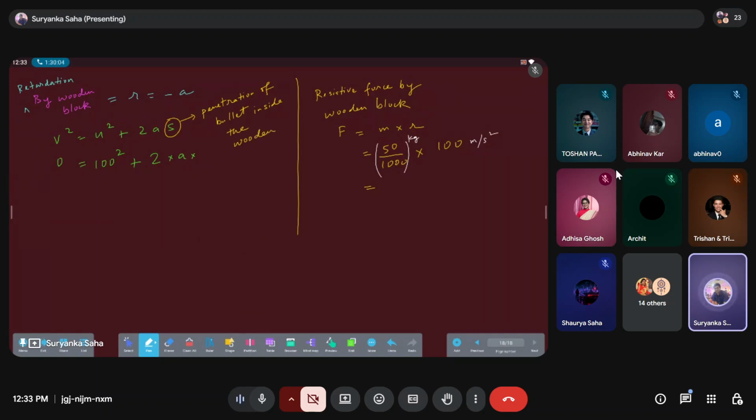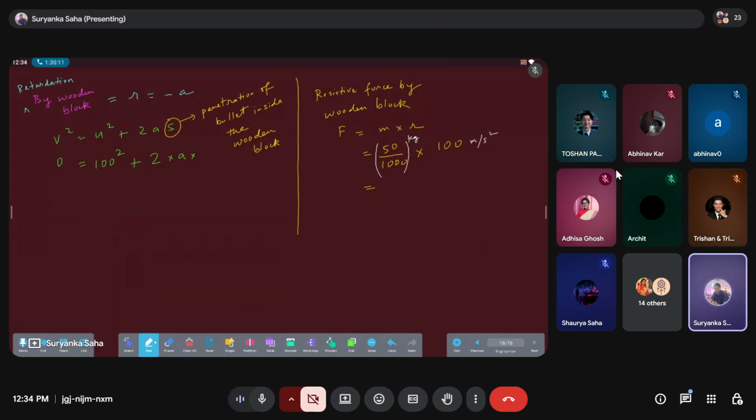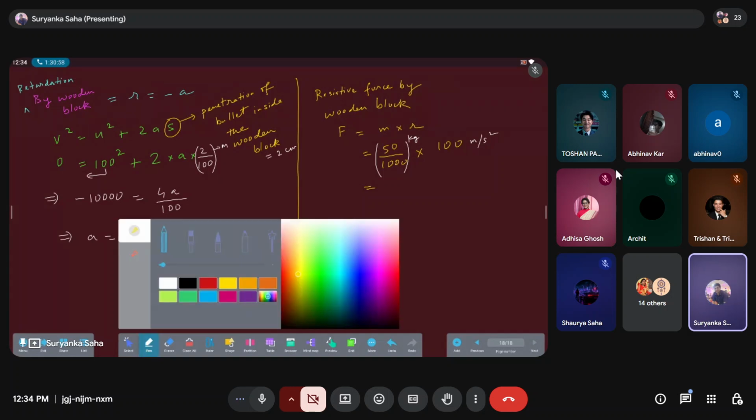So 2 centimeter. Yes, this has to be converted to meters. Very careful. So 2 by 100, that is 2/100 meter. It was 2 centimeter and I have converted it to meters. Are you getting my point? Now we can find out a. Let me solve this problem a little bit. If this goes to this side it will be minus, 100 square is 4 zeros, equal to 4a by 100. So acceleration will be minus 100, 4 zeros into another 100 divided by 4. Are you getting it, everyone? Do you understand?